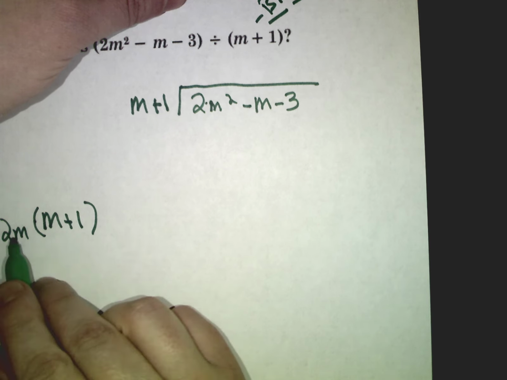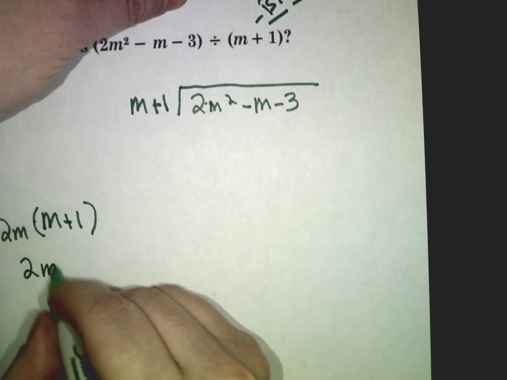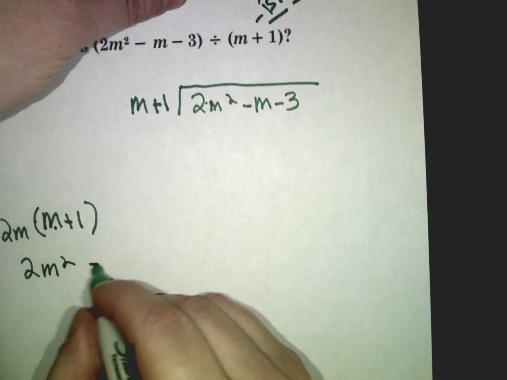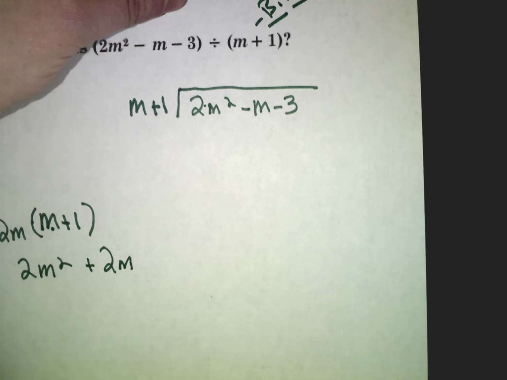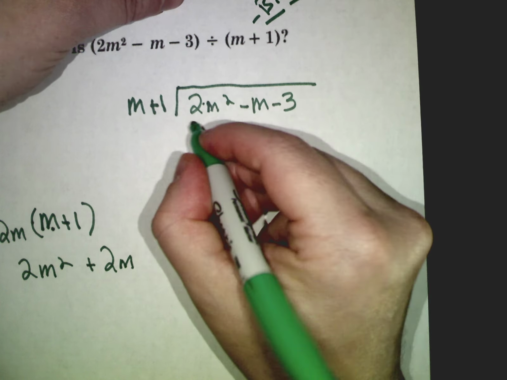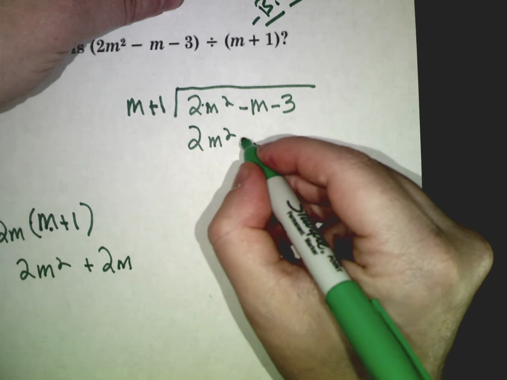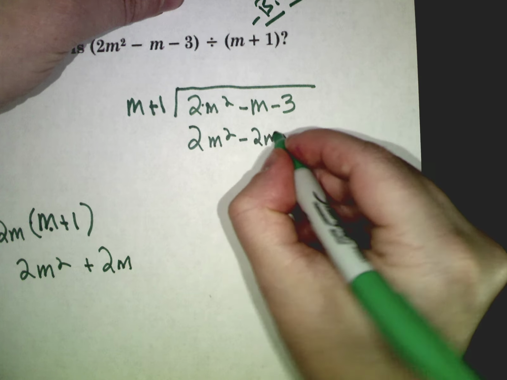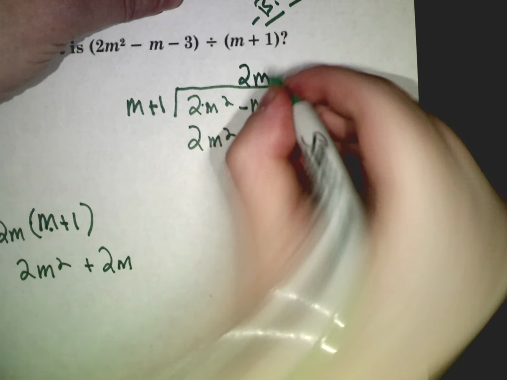And you'll see why this works. 2m times that makes me 2m squared plus 2m. That's not bad, right? So I could just put that here, 2m squared plus 2m. And up here, I will just say 2m. That's what I used.